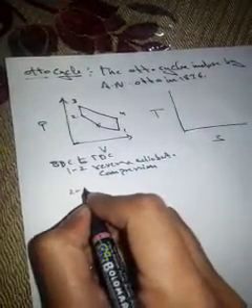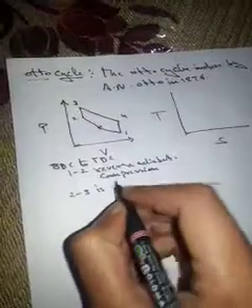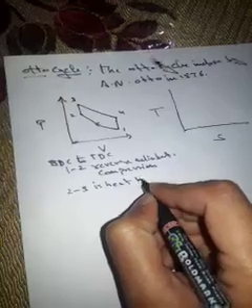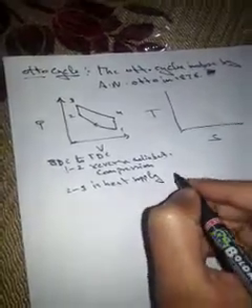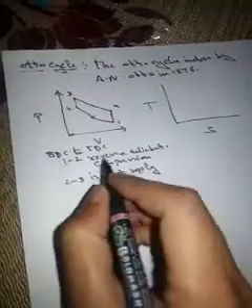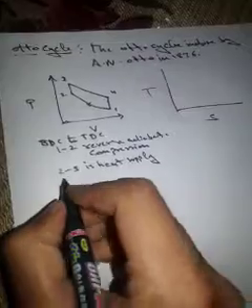Process 2 to 3 is heat supply to the petrol in the cylinder.